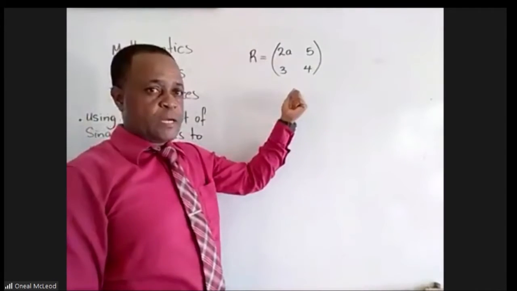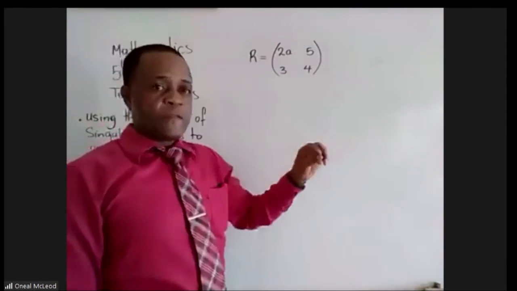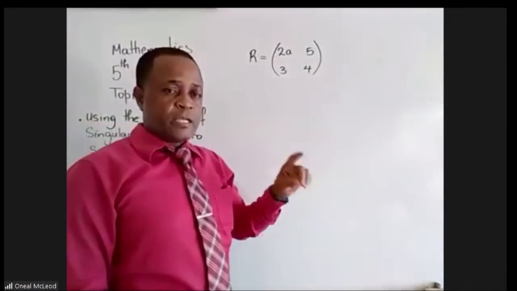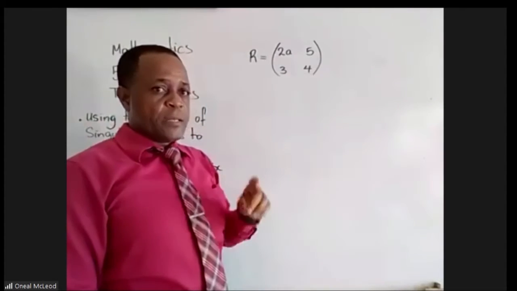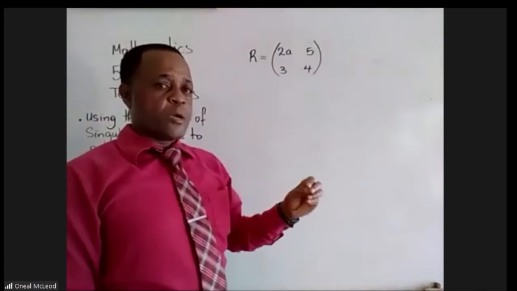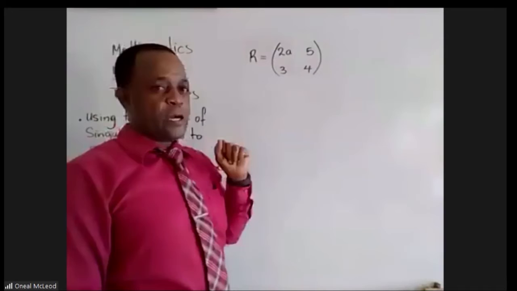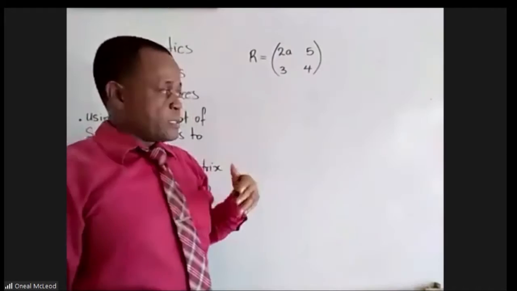That's the matrix R. Now, the question could be structured in such a way that, given that the matrix R is a singular matrix, determine the value of A. Or they could say, determine the value of A for which the matrix R is a singular matrix. Same procedure.